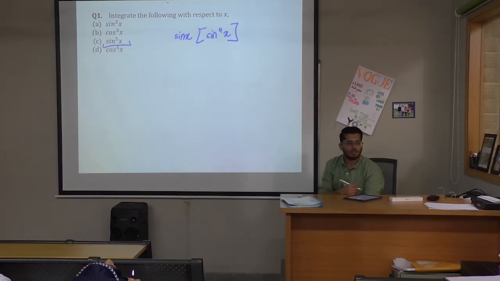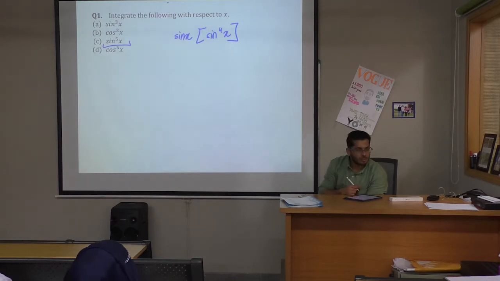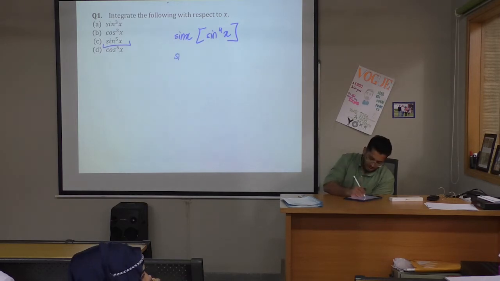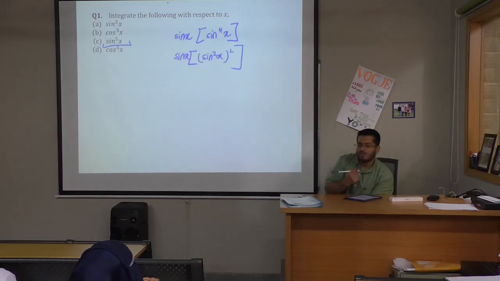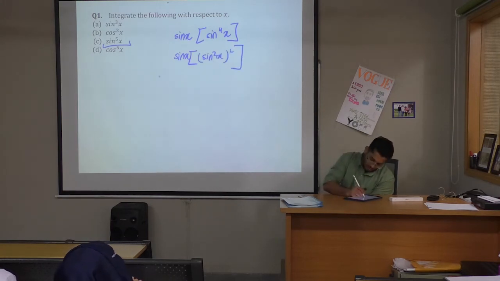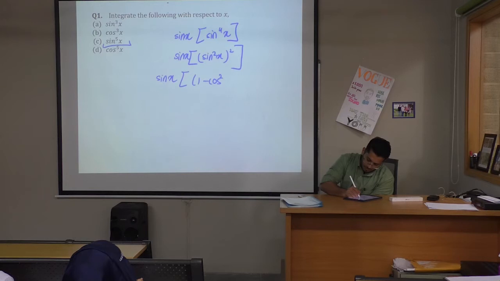What next? sin square x cos square x, sin square x whole square. Everything is done. Now make the replacement: 1 minus cos square x, whole square.